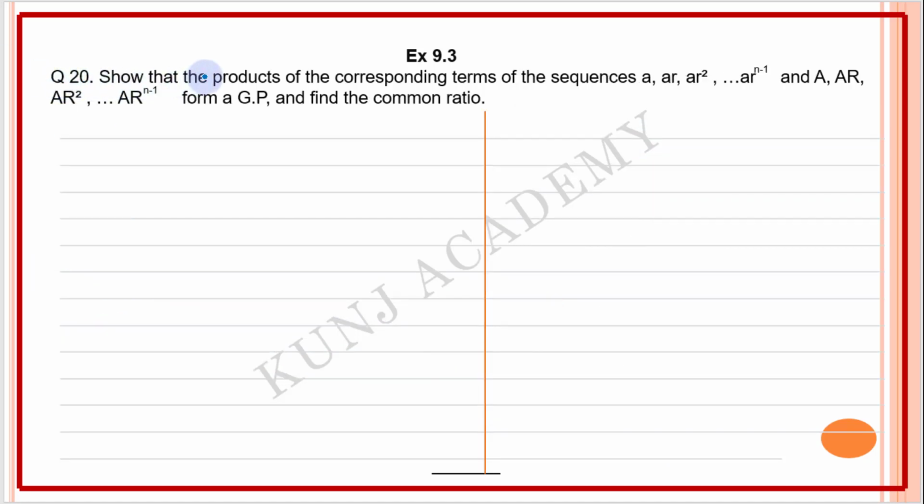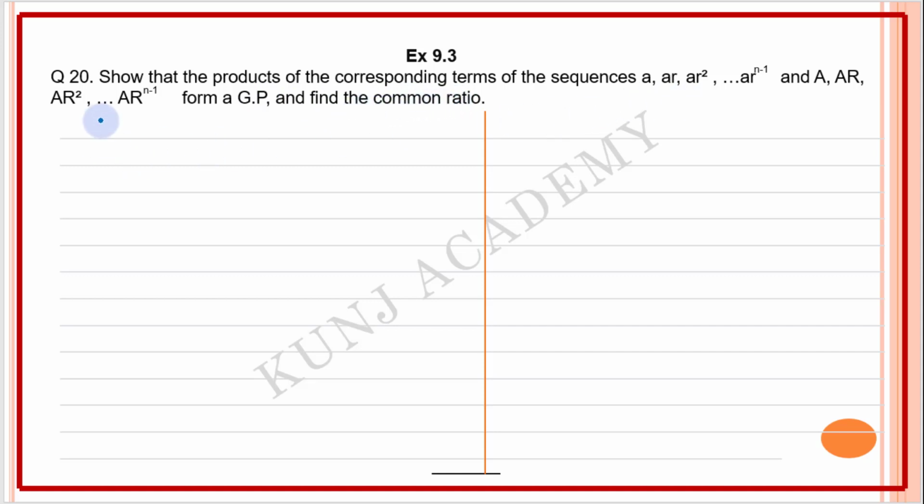Question. Show that the products of the corresponding terms of sequences a, ar, ar square and so on, ar power n minus 1 and A, AR, AR square and so on, AR power n minus 1 form a GP and find the common ratio.